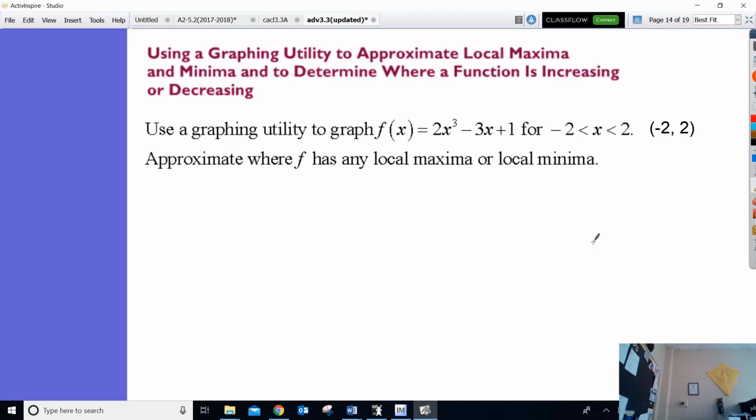It's trying to tell you that x is between those values.